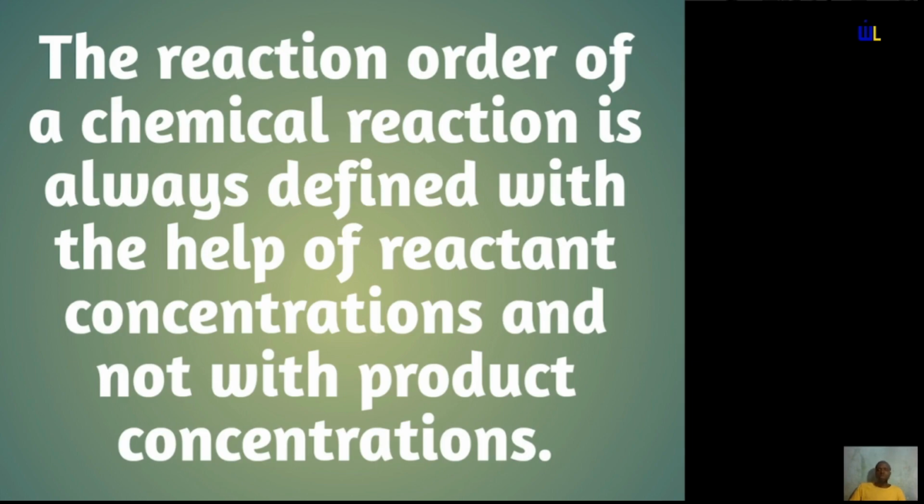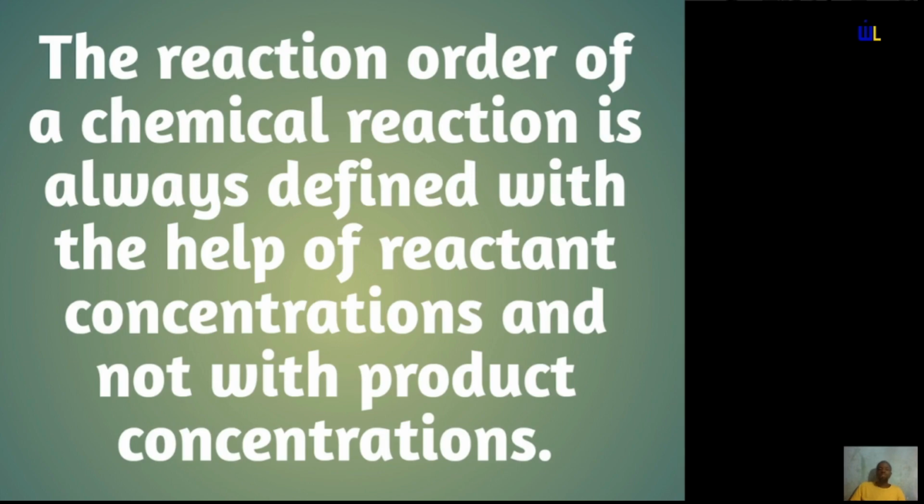One of the reasons I'm mentioning this is because when you go to things like equilibrium constant, where you deal with the law of mass action, you will notice that equilibrium constant deals with a reversible process in which the concentrations of the reactants and products are involved. But in determining order of reaction, you are only considering the concentration of the reactant.